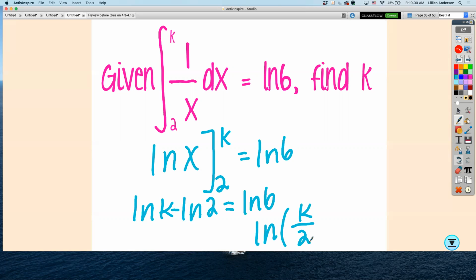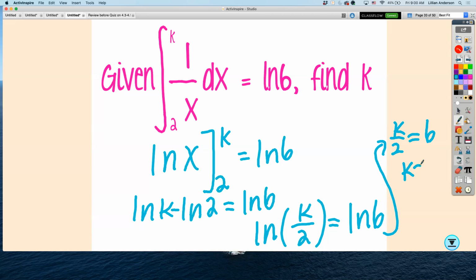Don't forget your laws of logarithms that say you can condense subtraction with division. Then I can say k over 2 equals 6. So k is 12.